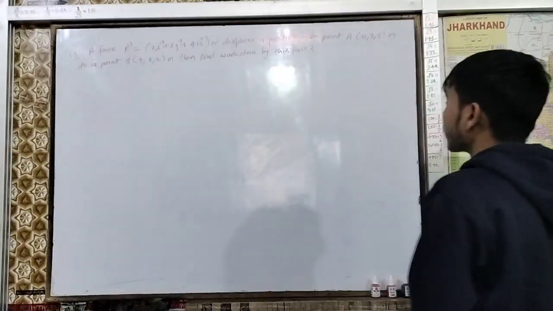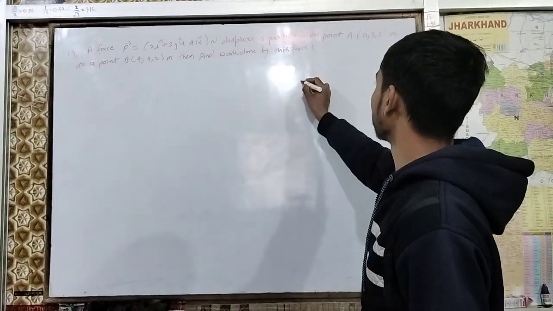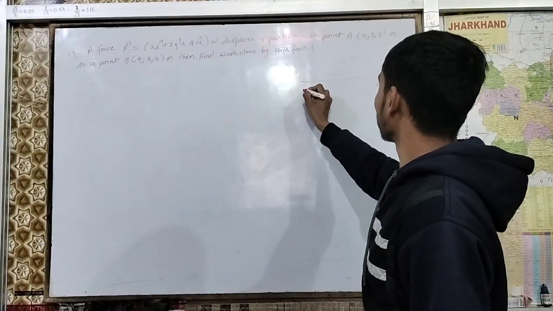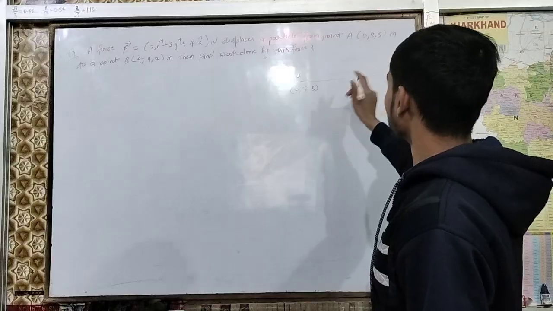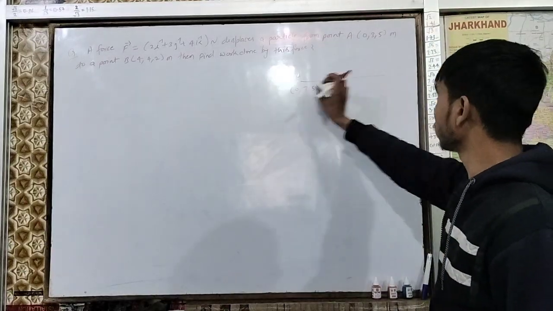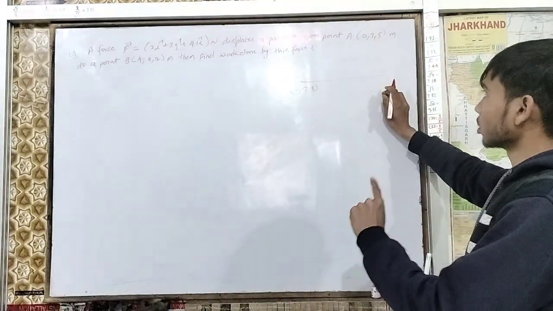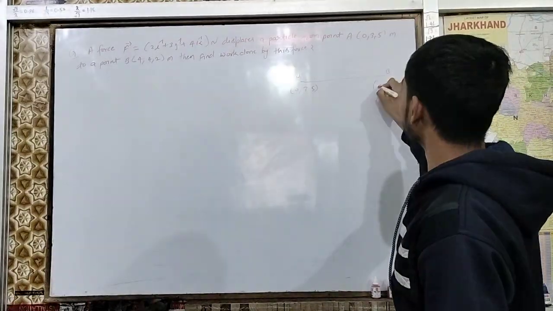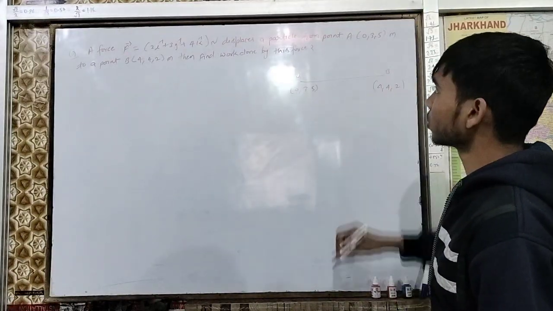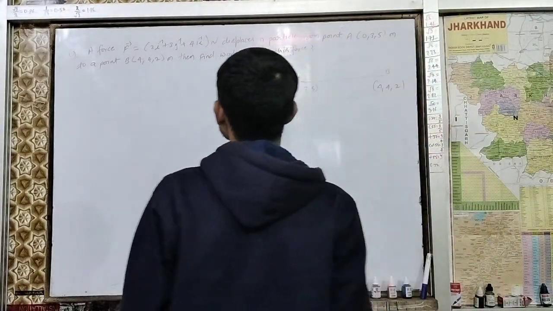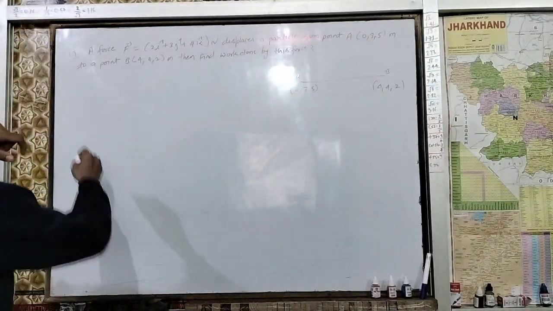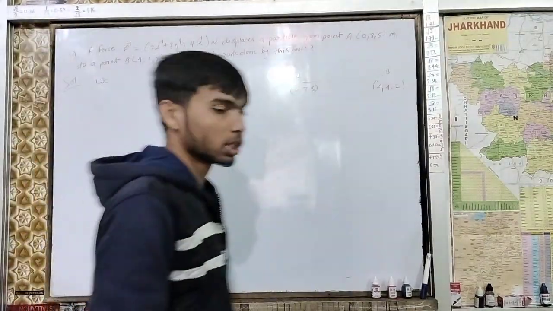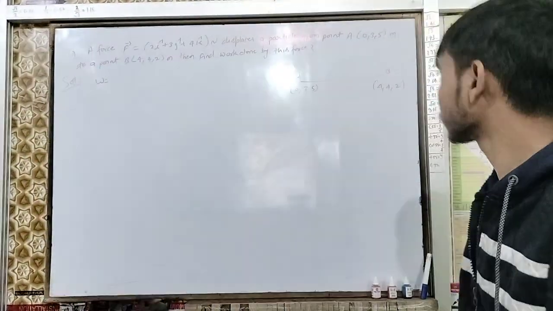A particle is displaced from A, whose coordinates are 0, 3, 5, to B, whose coordinates are 4, 4, 2, in meters. Then find the work done by this force. What will the work done be? There is no angle.